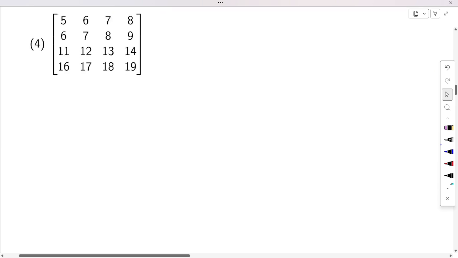Next is the rank of this matrix. On row 4, apply row 4 minus row 3.